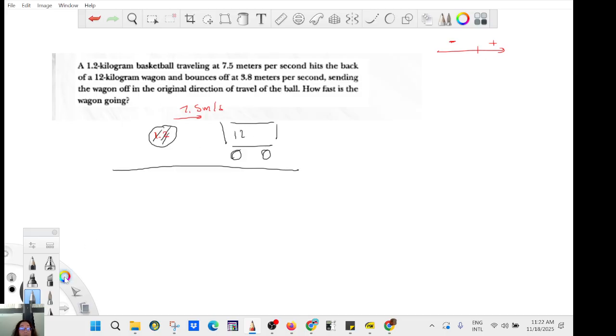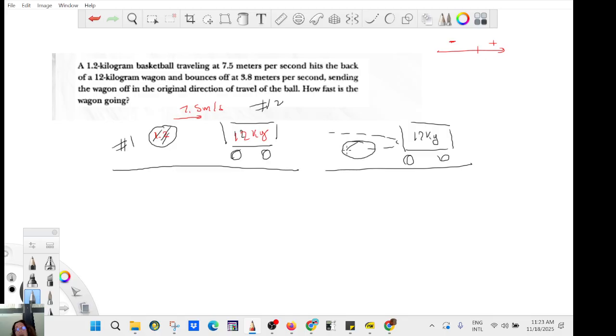12 kilogram. So that's before. So number 1, number 2. So this one is going to move forward. And the other one is bouncing out.